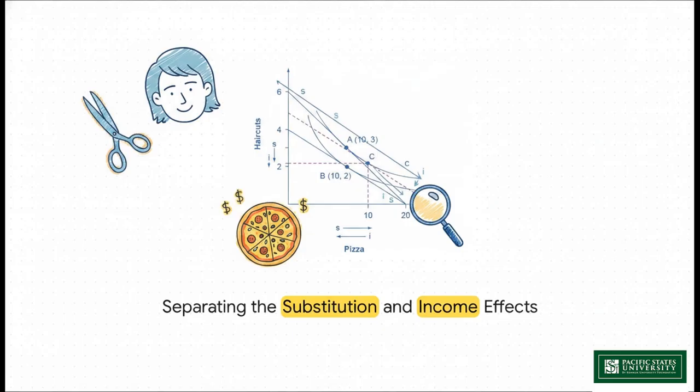At this stage, the consumer is reacting only to the cheaper relative price, voluntarily swapping pizza for haircuts while maintaining their exact original level of baseline happiness. But wait, since haircuts are now cheaper, their total real purchasing power is actually higher. That is the income effect kicking in. The final jump from point C outward to the new curve at point B shows the consumer using that newfound buying power to boost their overall happiness, affording to buy more of both goods.